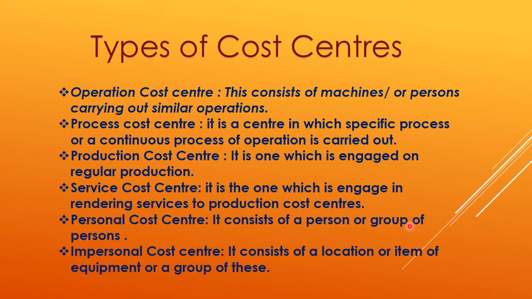But the impersonal cost center consists of a location or machines or equipment or a group of these. So these are the types of cost centers: operation cost center, process cost center, production cost center, service cost center, personal cost center and impersonal cost center.